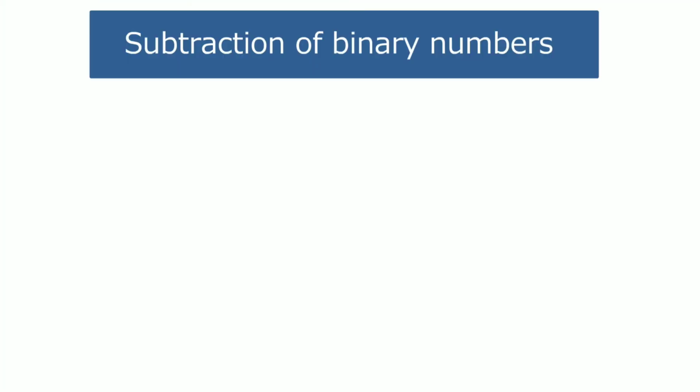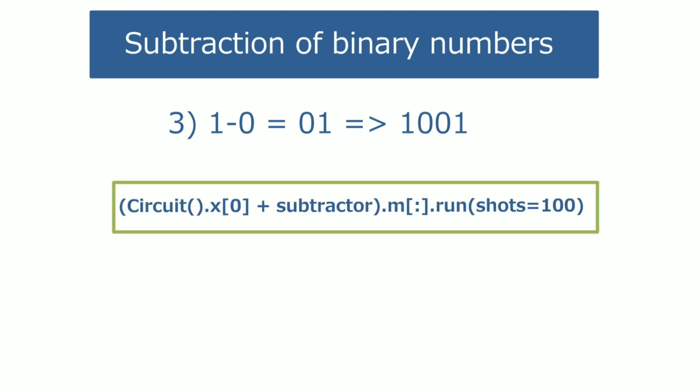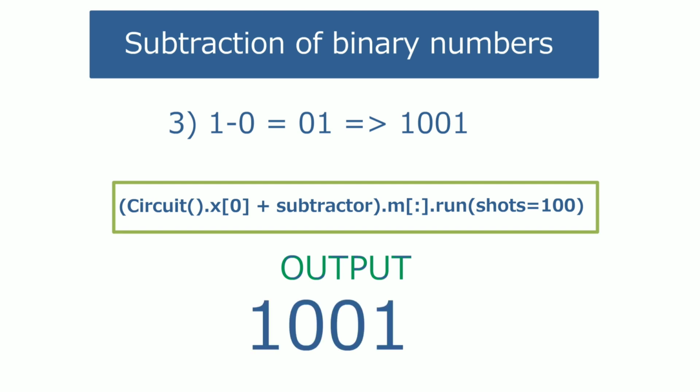Number 3. 1 minus 0 equals 0, 1 equals greater than 1, 0, 0, 1. Following is the code for it. Circuit x0 plus subtractor M dot run, shots equals 100. When you implement the code in Google Colab you get the answer as 1001.